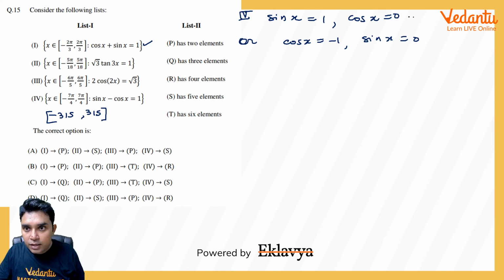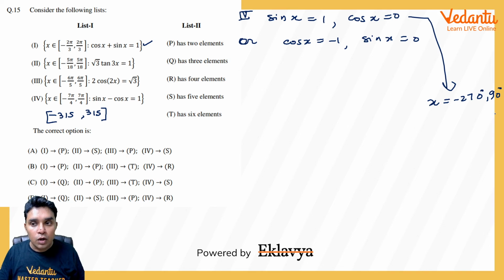For the first one, when sin x is 1, cos x is 0, x will be minus 270 degree or 90 degree. You can check, from 0 to 315, only 90 will be the angle where sine will become 1, or minus 270 if we go from minus 315 to 0.